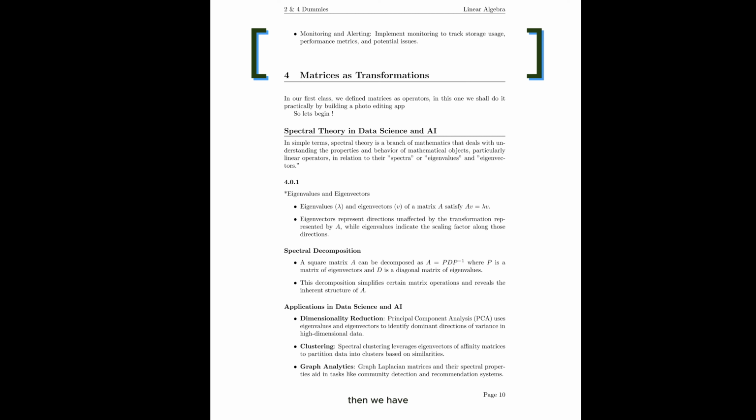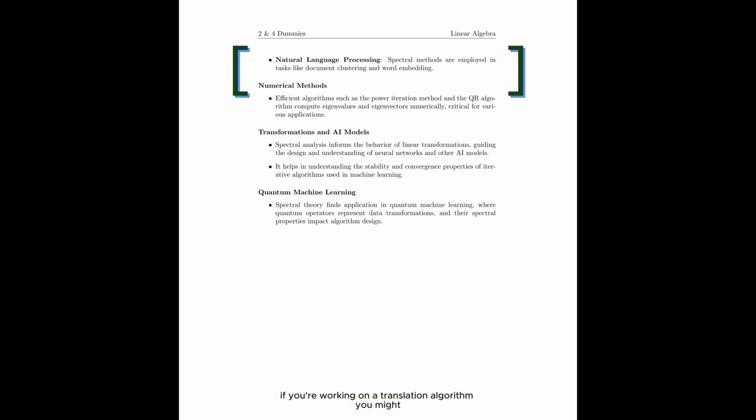And then we have solving graph problems and NLP. NLP is natural language processing. So if you're working on a translation algorithm, you might incorporate some aspects of spectral theory.